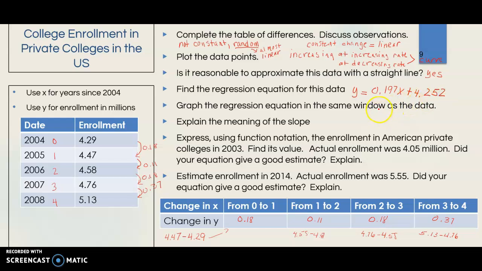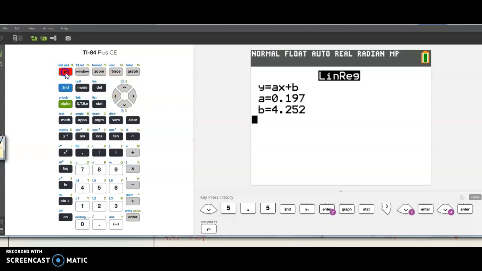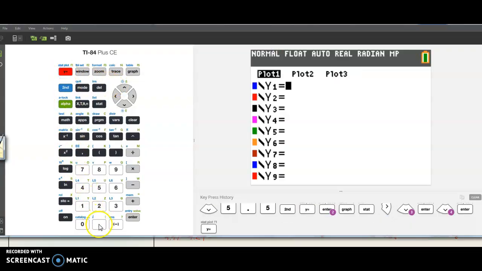It then asks us to graph this on the same window. So we'll go back to our calculator. I'll go to my y equals. I'll type in this equation that we found.